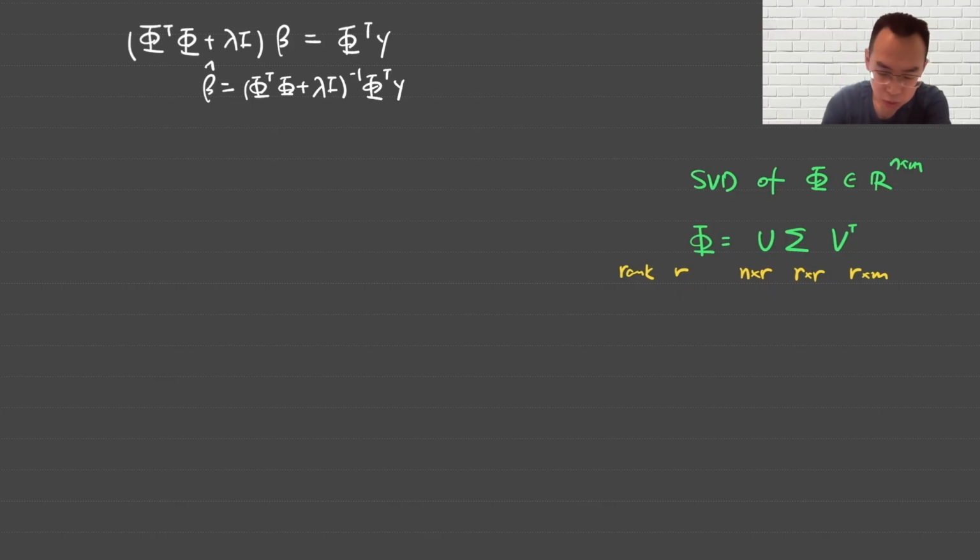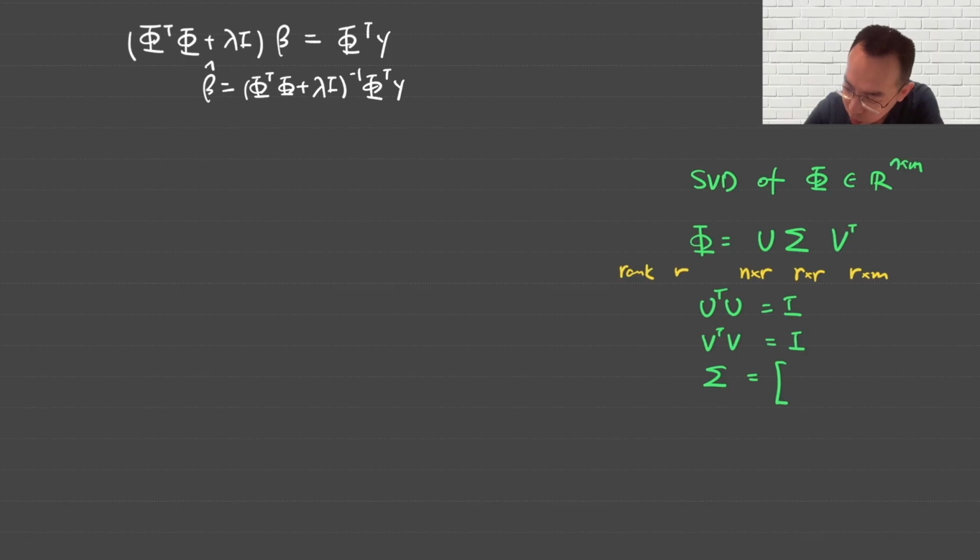And then we also have the U matrix to be orthogonal. These are singular vectors. So U transpose U equals identity, and V transpose V also equals identity. And the sigma matrix will have all the singular values in it.